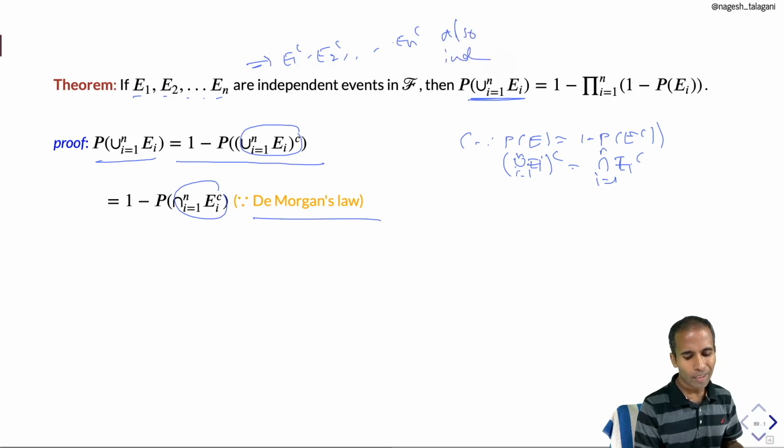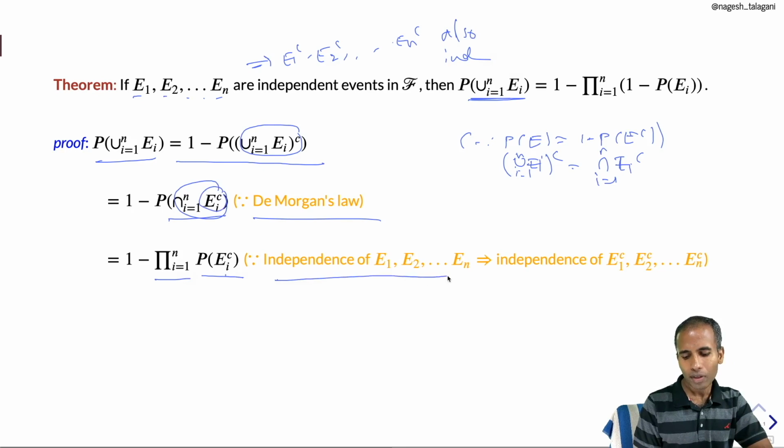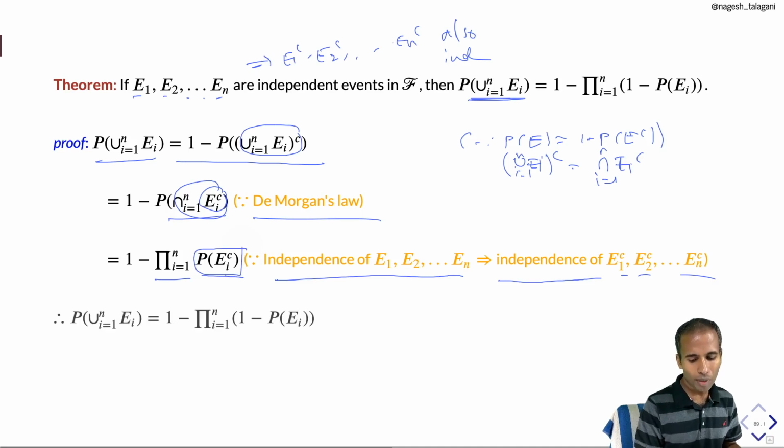That's why the probability of this intersection is going to be the product of their probabilities. So I can write 1 minus the product, i equal to 1 to n, of the probability of Ei complement, since independence of E1, E2, and so on, En implies independence of E1 complement, E2 complement, and so on, En complement. Now the probability of Ei complement is 1 minus the probability of Ei.